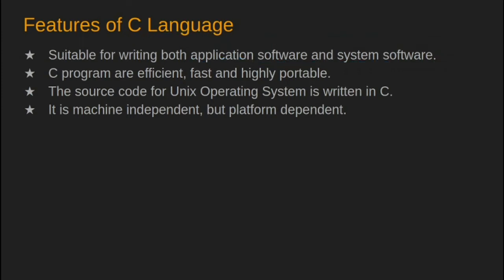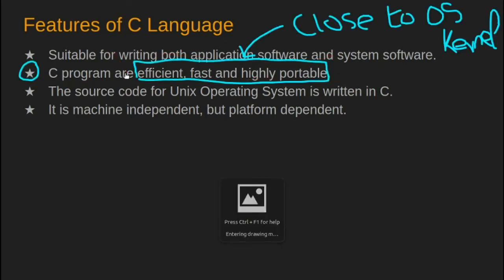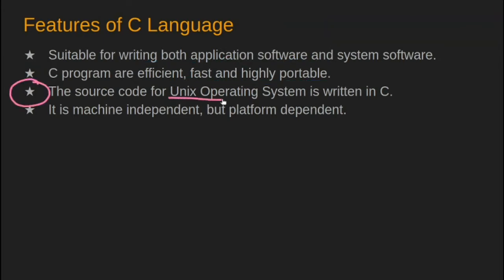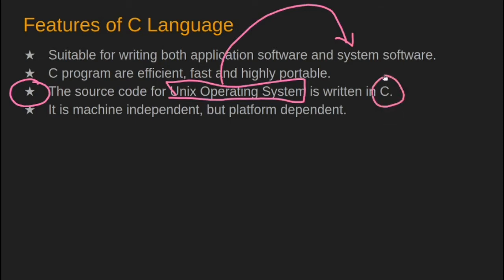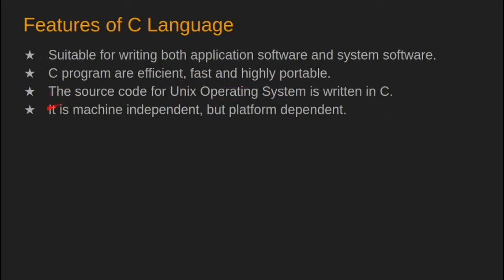The second point says that C programs are efficient, fast and highly portable, and the reason for this is that it's very close to the operating system kernel. The source code for the Unix operating system, which is nothing but our system software, is also written using the C programming language.